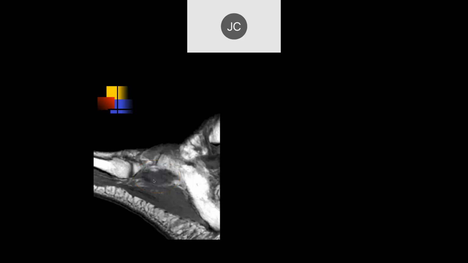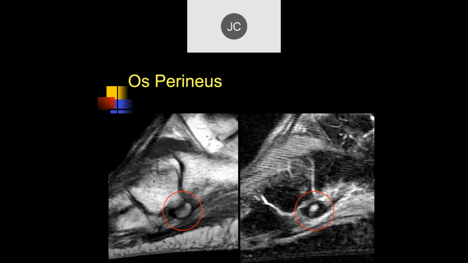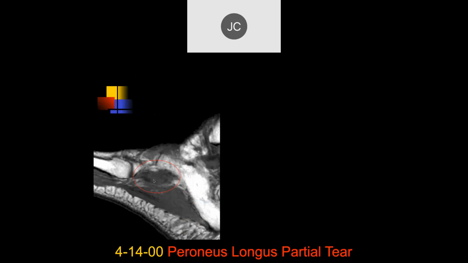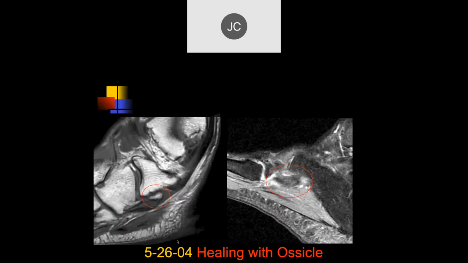So this is, wait, let me see the date here. It's not telling me the date. Oh, here it is. So this is April of 2000. Now the patient comes back in May of 2004, basically 4 years later, and the same area looks like this now.